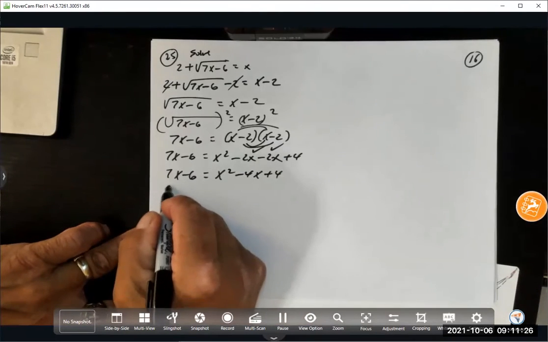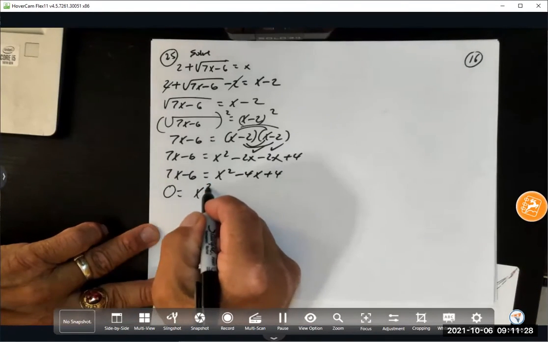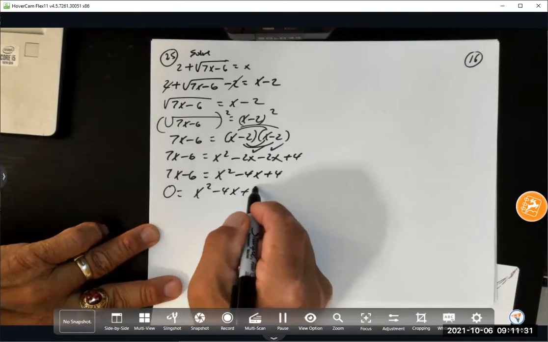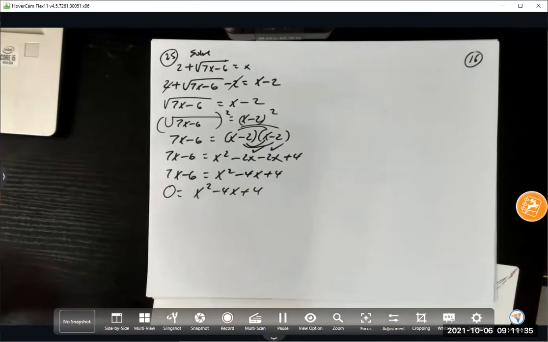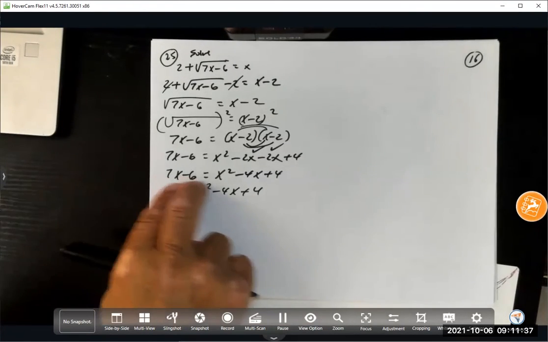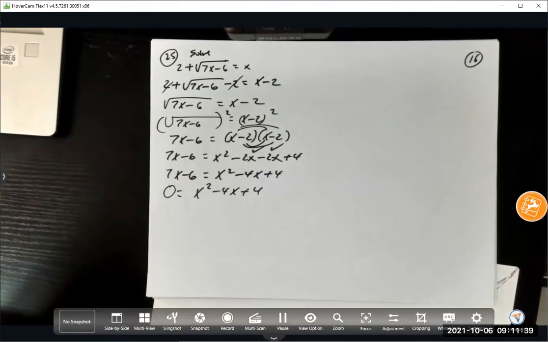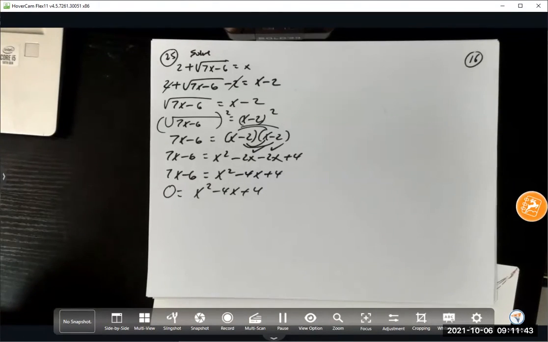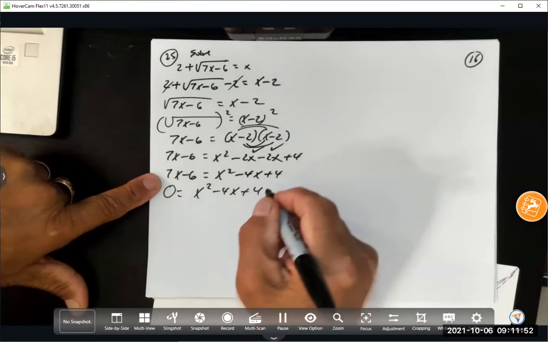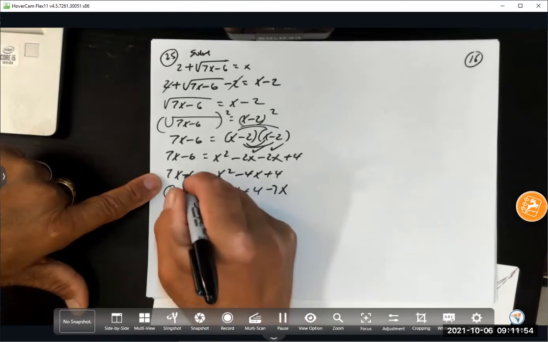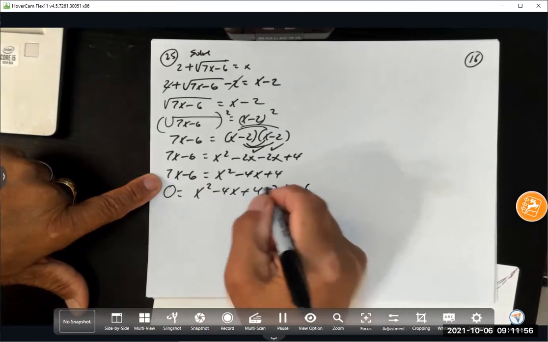Now, when I bring all this stuff to the other side, you tell me what to write. What do I write over here? I bring all these numbers to the other side, change the signs. What is it? Instead of plus 7x, you should write this. Instead of negative 6, you should write this.